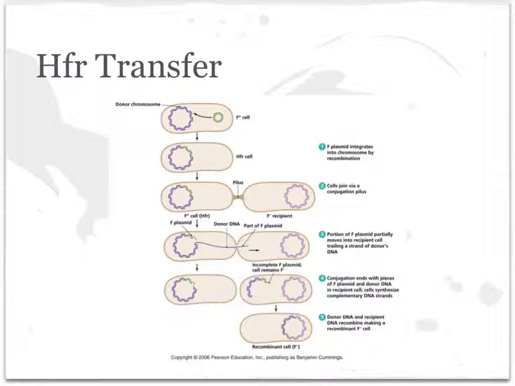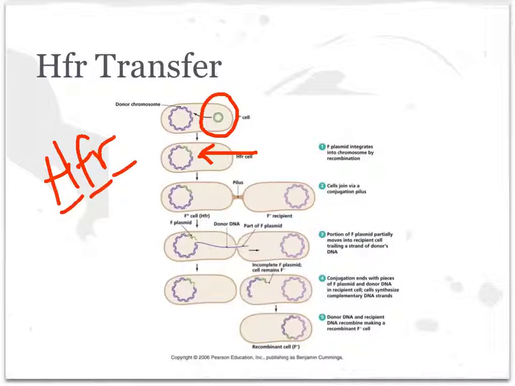If by chance this F factor in the F plasmid becomes incorporated into the bacterial genome, it's now considered an HFR cell, called high frequency of recombination. This HFR cell can act in many ways very similarly to any other F plus cell that has an F plasmid. Of course, it doesn't have a plasmid.